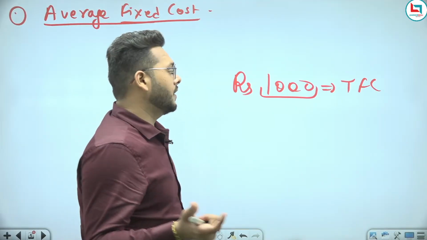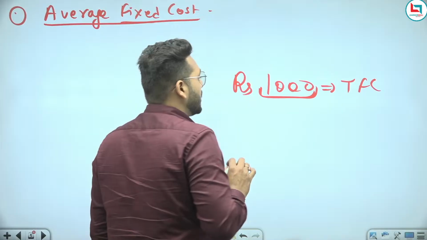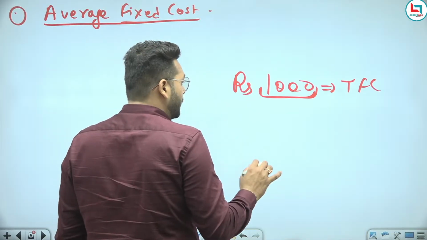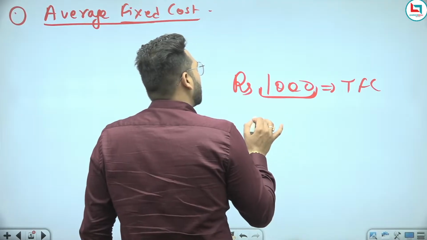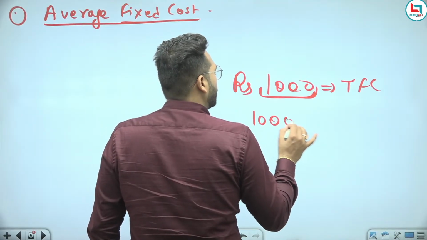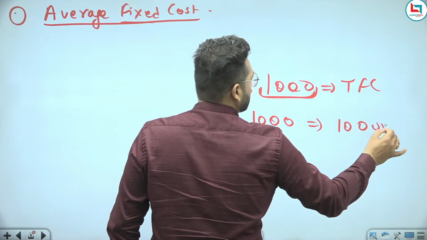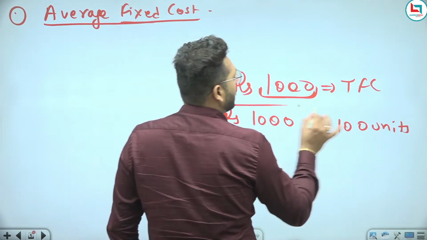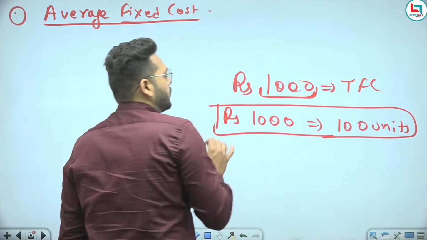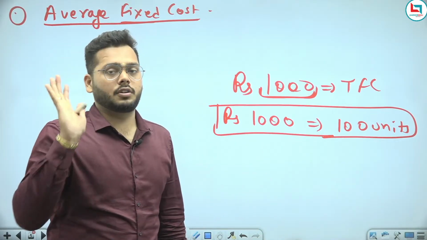Fixed factor. So you have 1,000 rupees of expenditure as fixed cost, and with it you have produced 100 units of output.